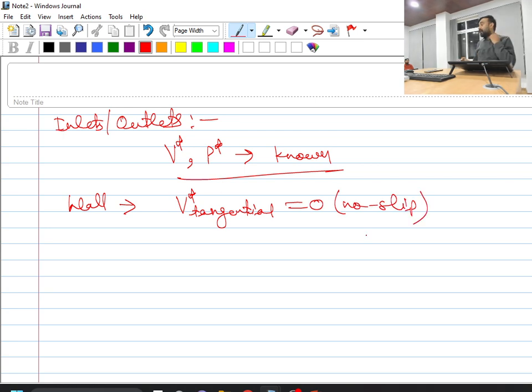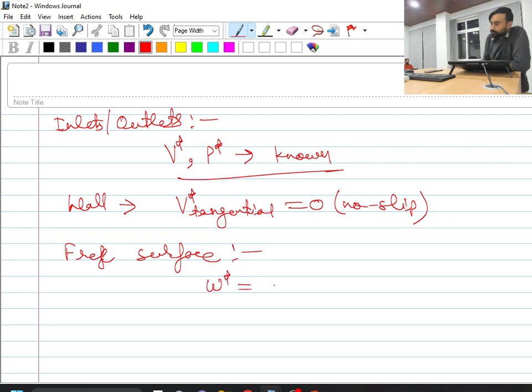Okay. And the third important point we had is that if I have a free surface, what will be happening at the free surface? First is, the normal velocity of the free surface was equal to its profile. Okay. So W star has to be equal to del eta star by del T star.